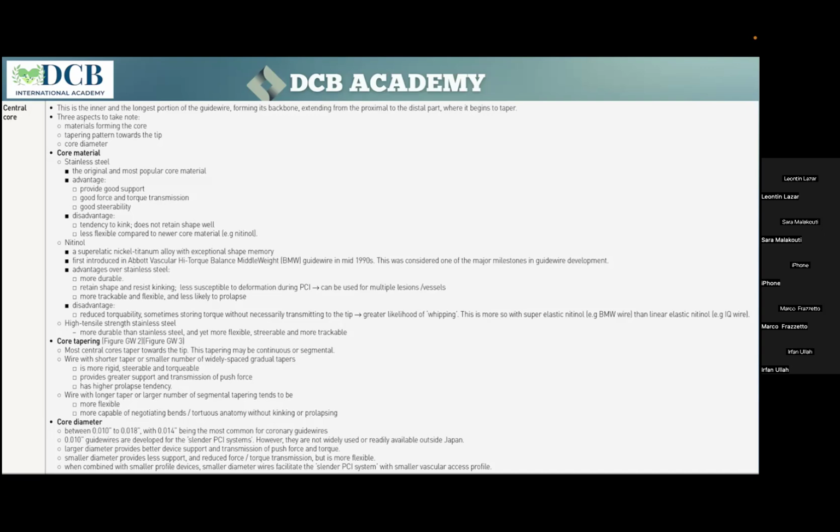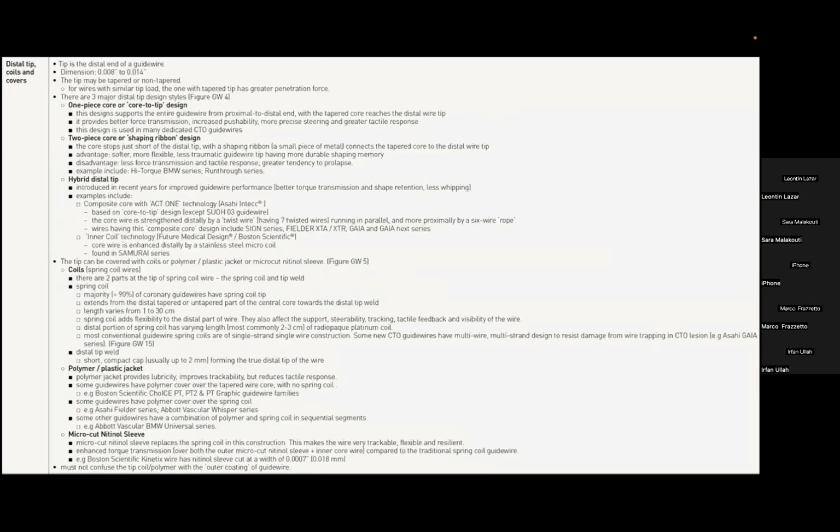A shorter taper is more rigid and torqueable; this is mainly used for calcific lesions and provides greater support and transmission of push force. But the ones with a longer taper are more flexible and capable of negotiating bends and tortuous vessels.